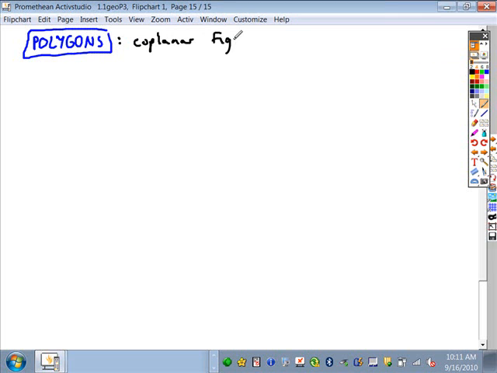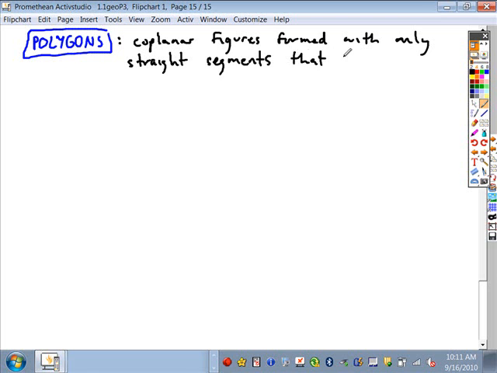Okay, so polygons are coplanar figures that are formed with only straight segments that intersect only at their endpoints.